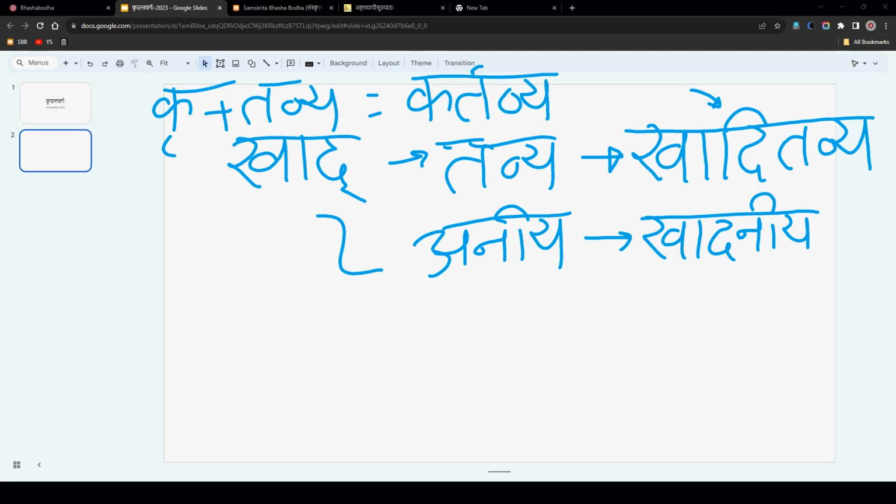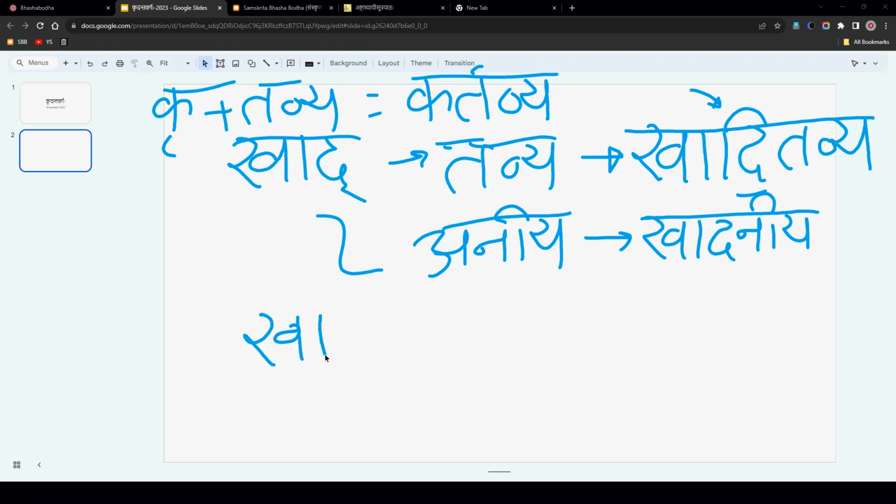But khad plus tavya changes to khaditavya, not khadatavya. There is an addition of E in between, before this tavya. After khad, there is E plus tavya.